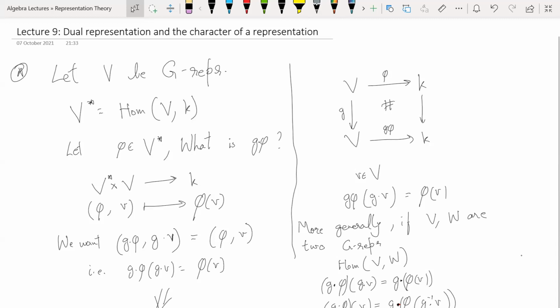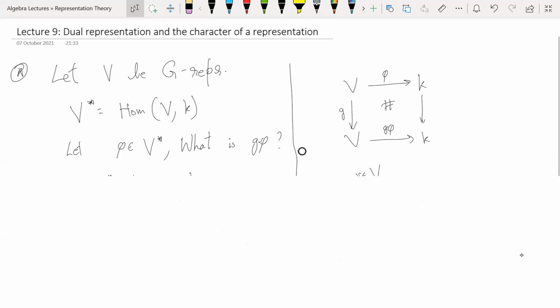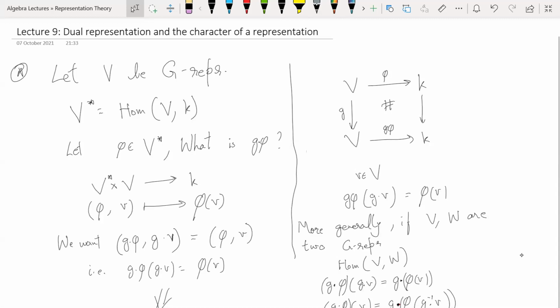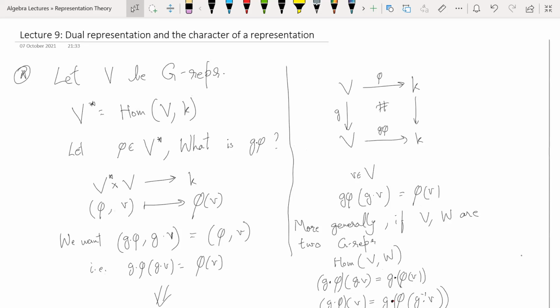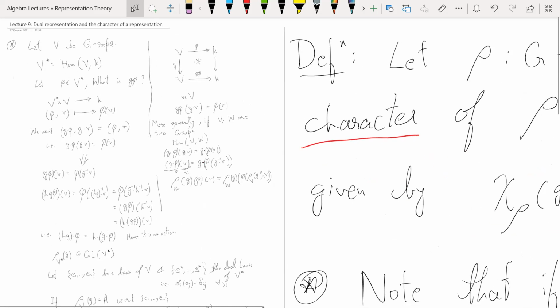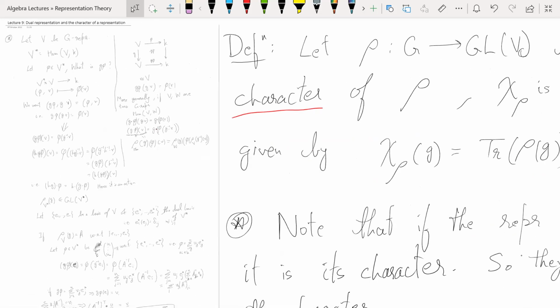Now we will do Schur's lemma as well, but let's do character theory. Since I'm following Serre, he defines character before going on to Schur's lemma. So let's define character, which is an invariant of the representation, and maybe next time we will do Schur's lemma.